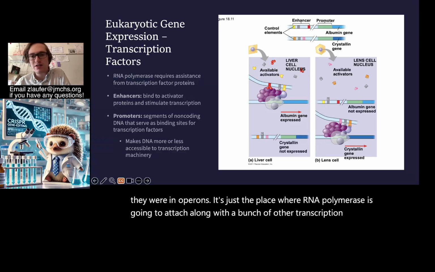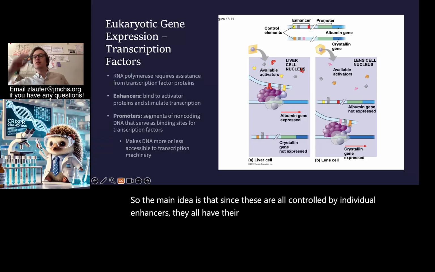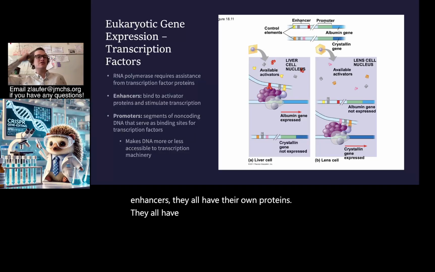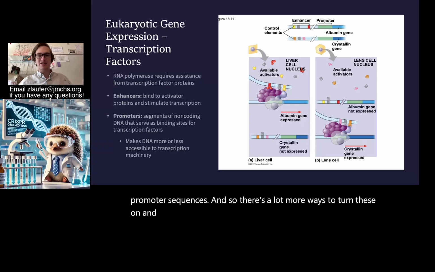So the main idea is that since these are all controlled by individual enhancers, they all have their own proteins. All the enhancer proteins will have their own promoter sequences. And so there are a lot more ways to turn these on and off than there would be in a bacterial operon.